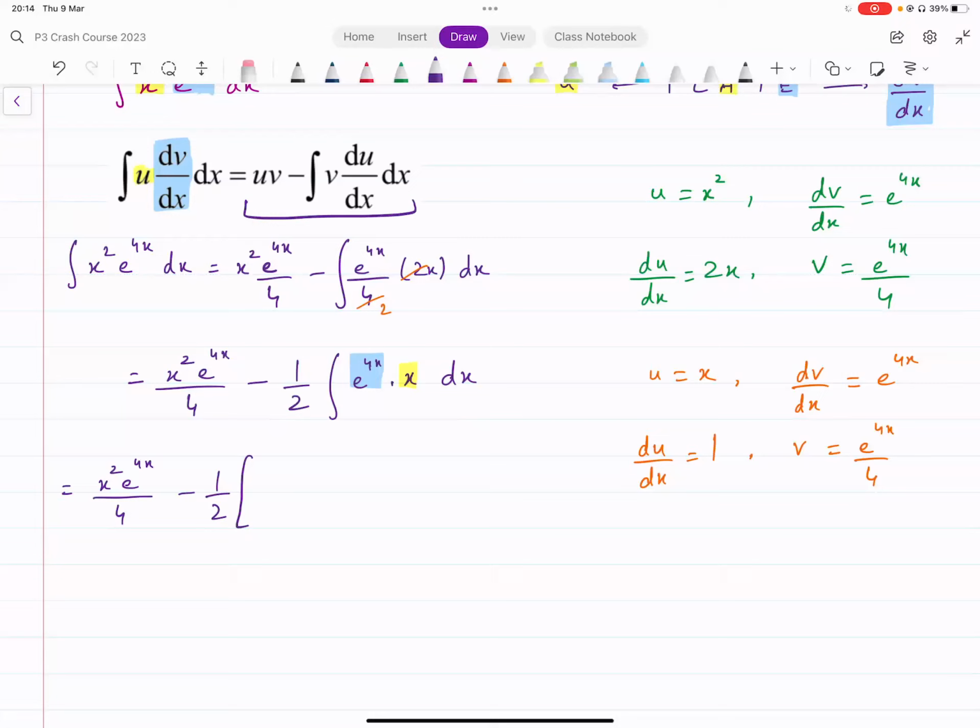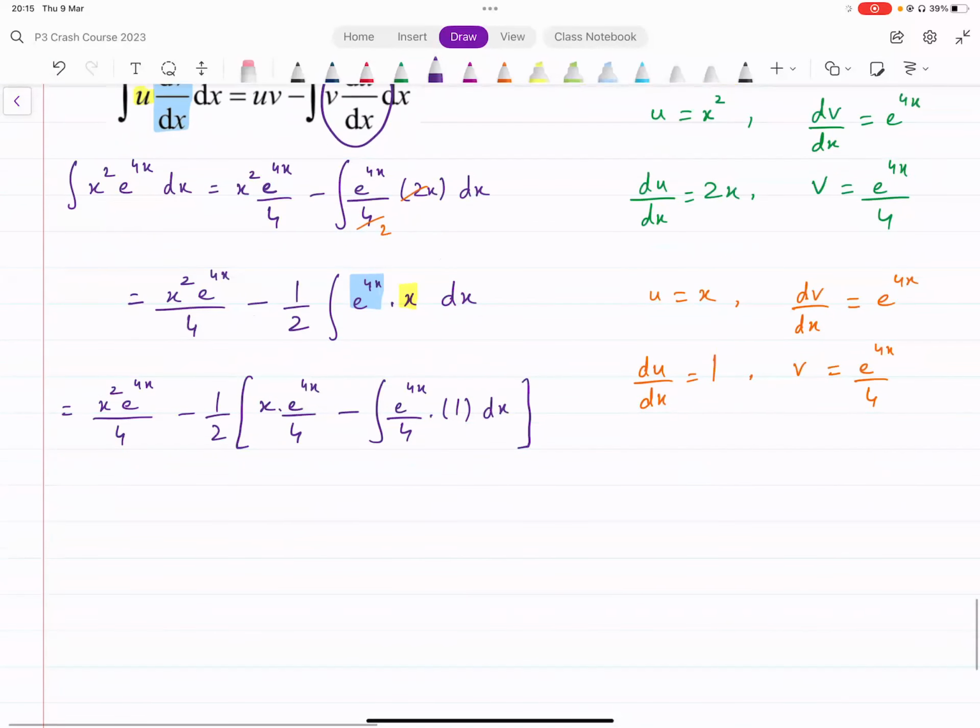U into v, what's u? U is x here, into v, which is e raised to power 4x divided by 4, minus integral of v into du over dx. What's v? V is e raised to power 4x divided by 4 into du over dx, which is just 1 with respect to x. That's the integration that we have to do now.